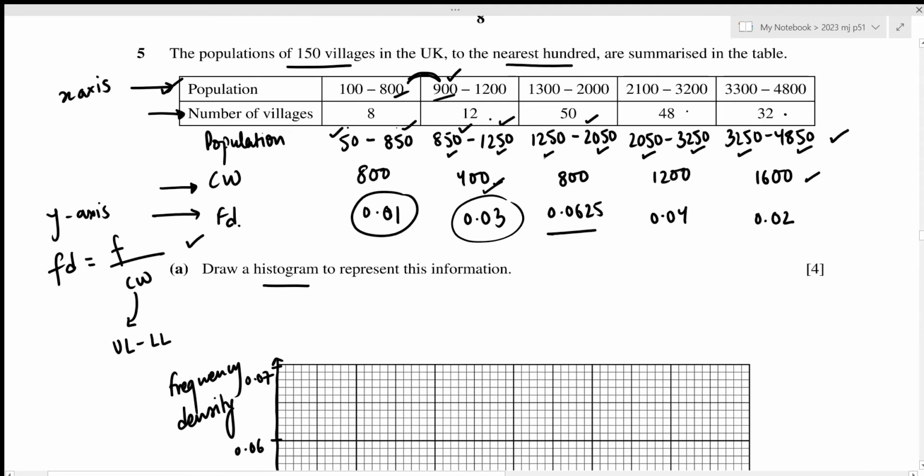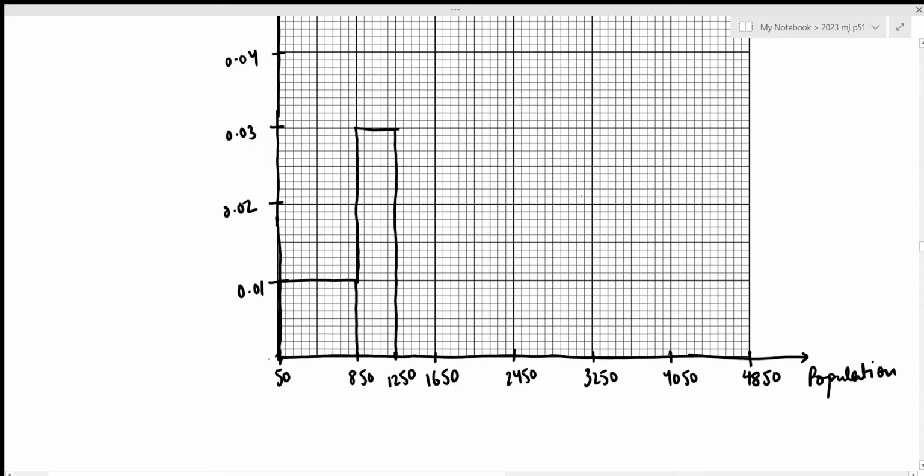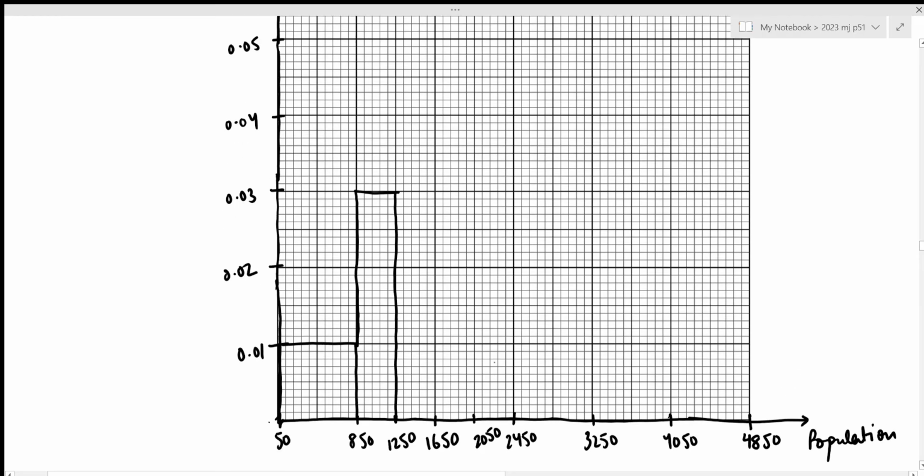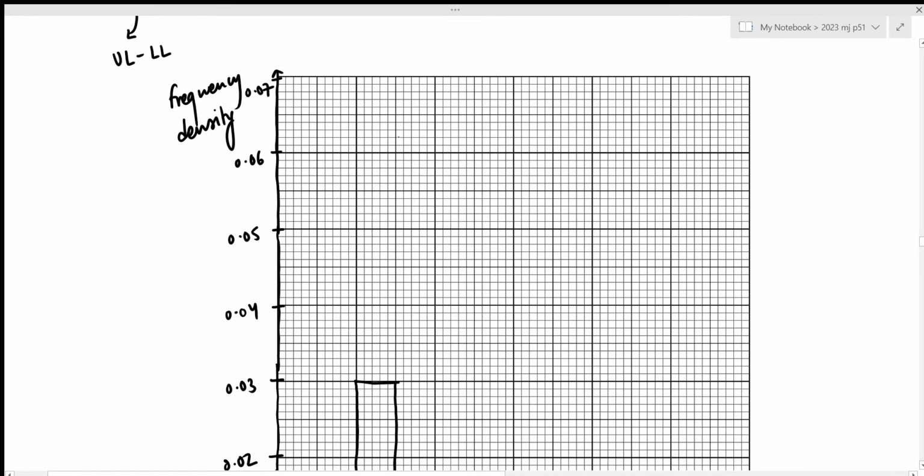Okay, our third range is 1250 to 2050 and the frequency density is 0.0625. Okay, for this one we have till 2050, which is right here, and it's 0.0625, so till here.